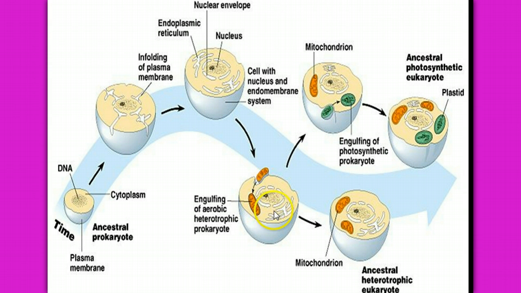Now, if while it was ingesting other things, it accidentally released some of the mitochondria, or took in the mitochondria, those mitochondria then were in that cell, and so as that cell reproduced, it passed down its mitochondria, meaning that all the future offspring had that particular organelle.